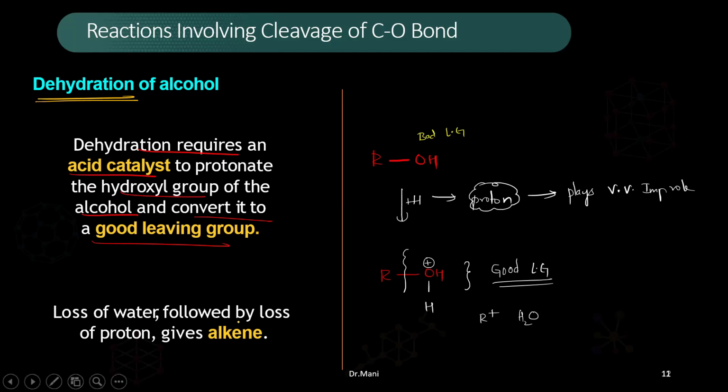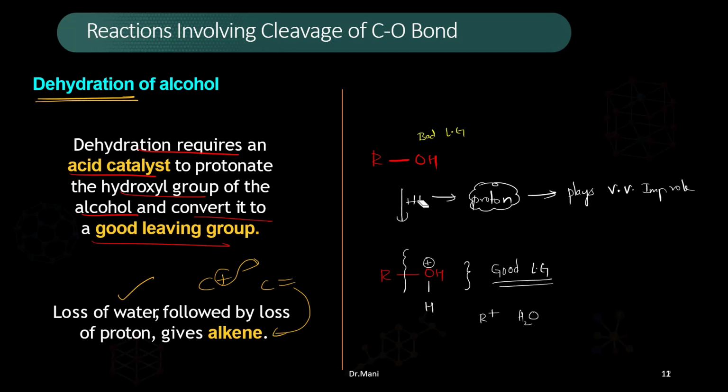See here. Once the water is lost, it will become a positively charged carbon. Now this positively charged carbon should also lose the proton, and from that it will make a double bond. As it is making the double bond, it is called the alkene. Understood? So how is this reaction happening? It will happen in three ways.